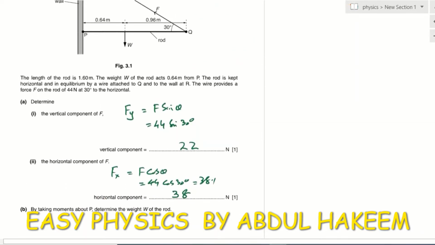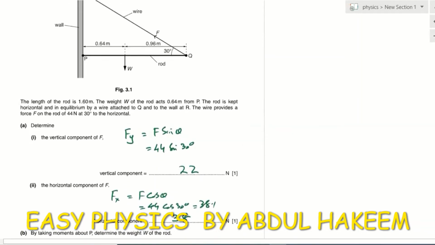So it is 44 into cos of 30 degrees. This is approximately 38.1. So we will write it 38. By taking moments about P, determine the weight of the rod W.